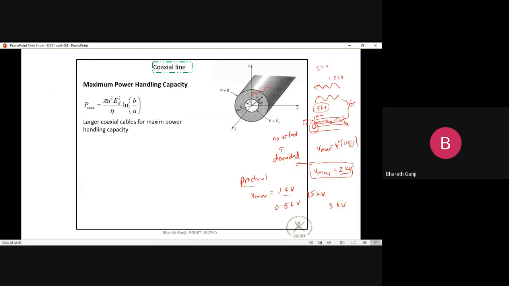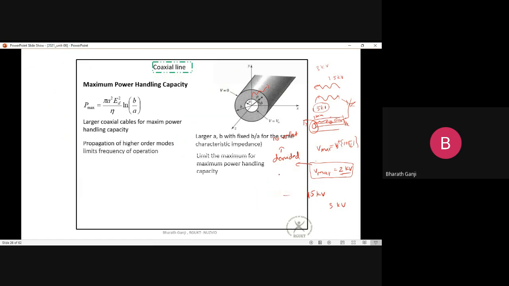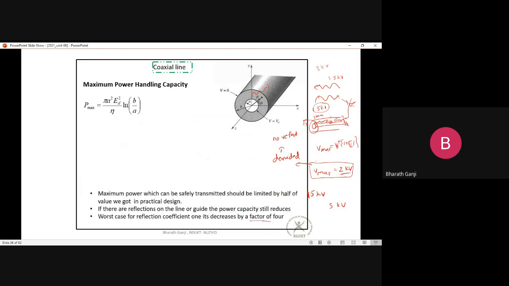So if I say the voltage is taken as half, the power handling capability is decreased by a factor of 4 because square వస్తది కాబట్టి. Okay, so you can see that there are some practical limits definitely. Even if I take a bigger and bigger wire, for a bigger wire the cutoff frequencies are lower, and you cannot operate it at very high frequencies though you have good power handling capability.